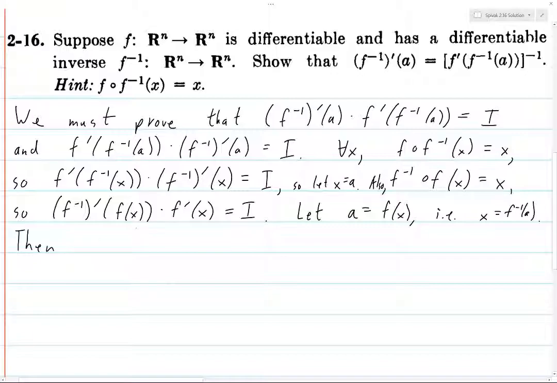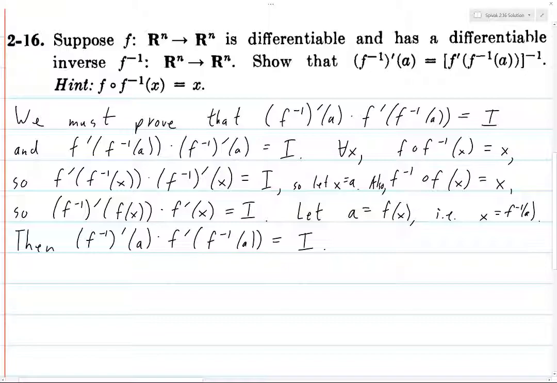Then what we get is f inverse prime of a times f prime of x, which is f inverse of a. This is the identity. Okay, so if we take f inverse prime of a times f prime of f inverse of a, we get the identity.